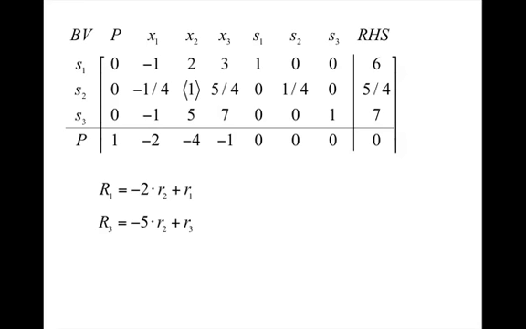Then to make the 5 become a 0, I'm going to change its sign to a -5, multiply by row 2, and add that to row 3. And then finally, to make the -4 become a 0, I'm going to change its sign to a 4, multiply by row 2, and then add that to row 4.